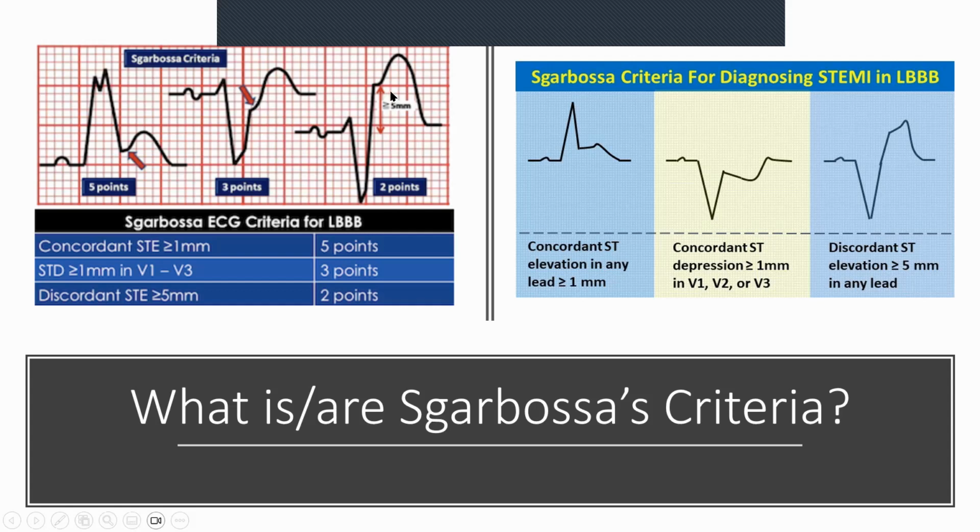And if you get a very high discordance, so in other words, you've got a down-up in this case, but it's quite a big down-up, then that is quite bad. Now, in terms of the point system, of course, the more points you add, the greater it is. But in the emergency setting, we basically take up or down as bad. We assume that it is an MI. If we have up-down, but quite bad, we assume that it is an MI as well, and we treat the patient as such.